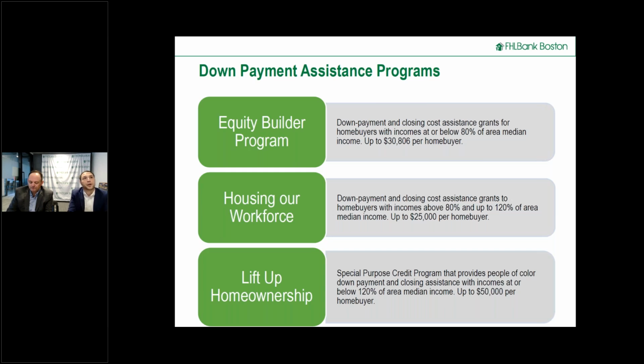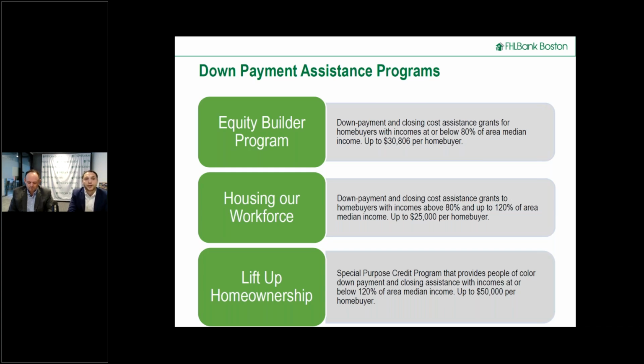So first off, we have our down payment assistance programs. You can see here, your borrowers will fall into one of 3 different buckets. Our down payment assistance programs are all income-based qualifications. So the Equity Builder program, your borrowers will fall into that make at or below 80% of the area median income. Housing Our Workforce expands on that and goes up to, but not exceeding 120% of the area median income. And our Lift Up Home Ownership is our newest down payment assistance program.